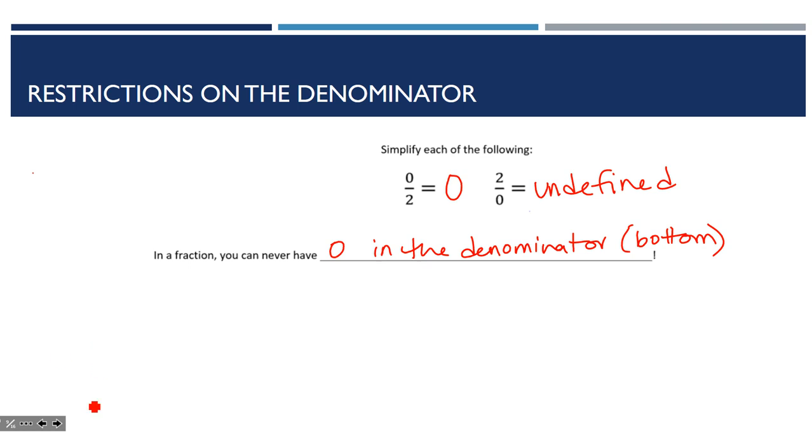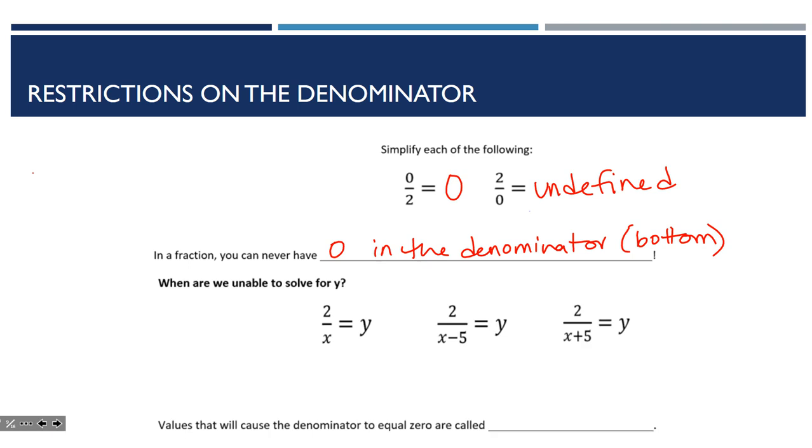So all right, we know that we can't do 2 divided by 0 or 5 divided by 0, but what happens if I have something like this? What happens when I'm trying to solve these equations for y? If I have, for example, 2 divided by x is equal to y, x could really be any number, right? X is a variable, it could represent any number.